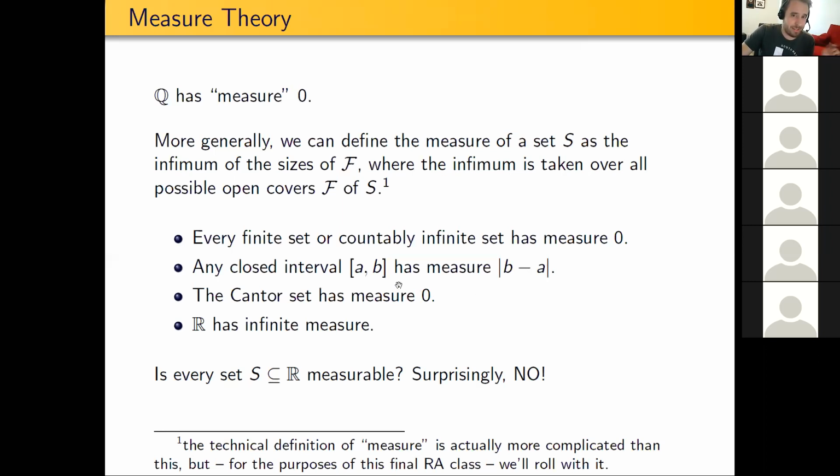Things we won't get to talk about today include questions like, is every set of real numbers measurable? Well, the real numbers are really weird and you can construct really weird examples. So surprisingly, or maybe not surprisingly, the answer is no. You can find some sets that are not measurable using the more technical real definition of measurability. So measure theory is a great place that you can go from real analysis.